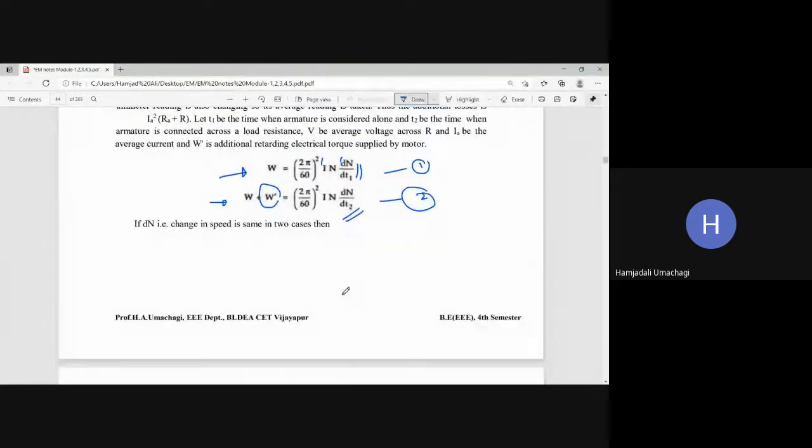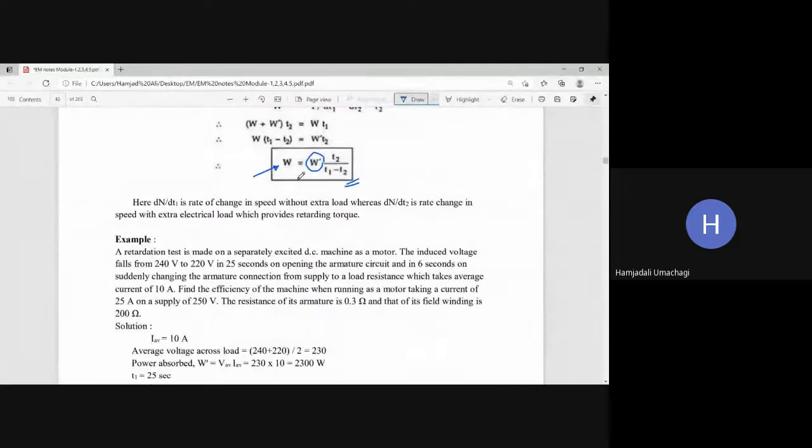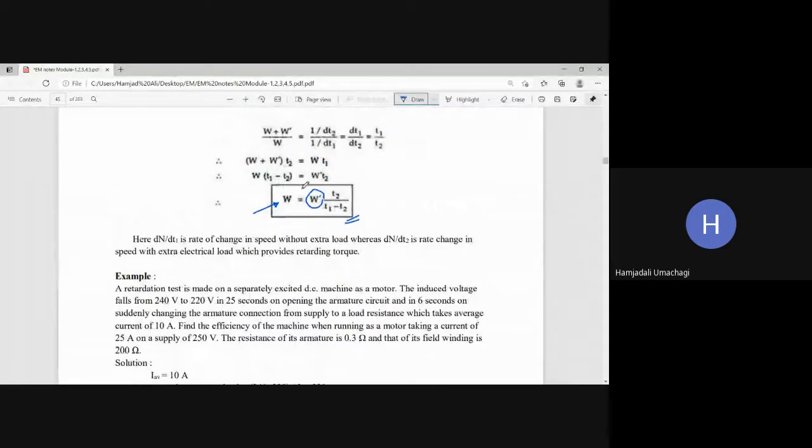Now using the electrical braking method, the same rotational loss is given by W equal to W' into T2 upon (T1 minus T2). So what is the advantage here? This equation is completely free from I and dN/dt. This is another method to calculate stray or rotational loss using the electrical braking method.